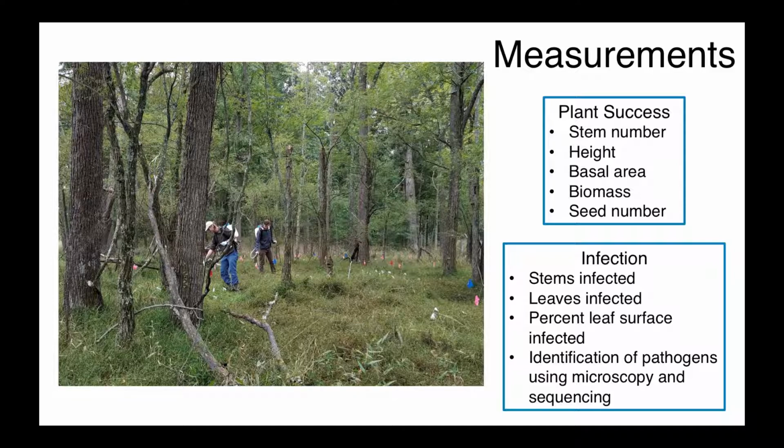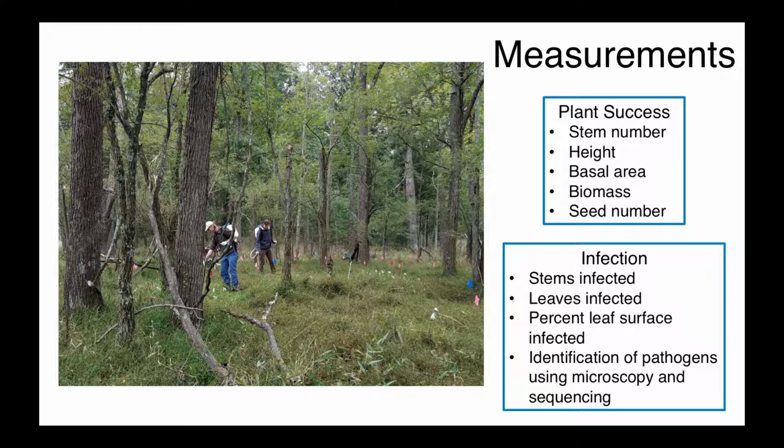So over the course of the summer, we took measurements on those 7 plants to understand plant success, so stem number, height, basal area, and then we did seed numbers on large portions. So here we have little white bags. We did white bags on the Microstegium to get an estimate of per plot seed production, and we sampled most of the Elymus.